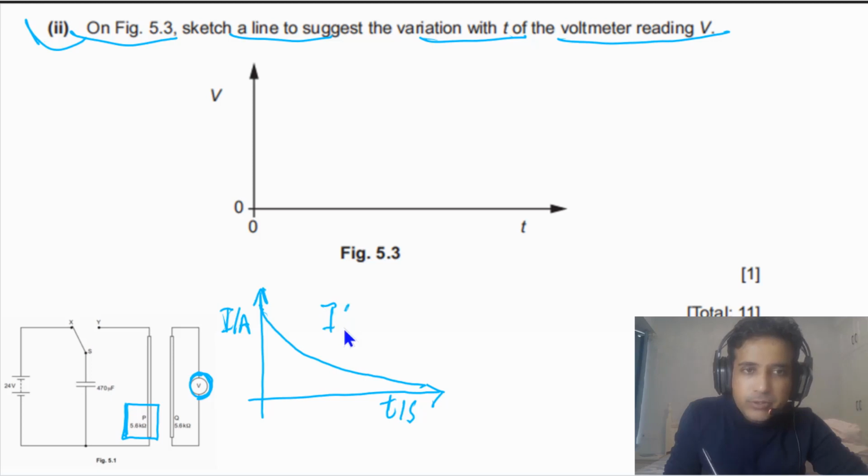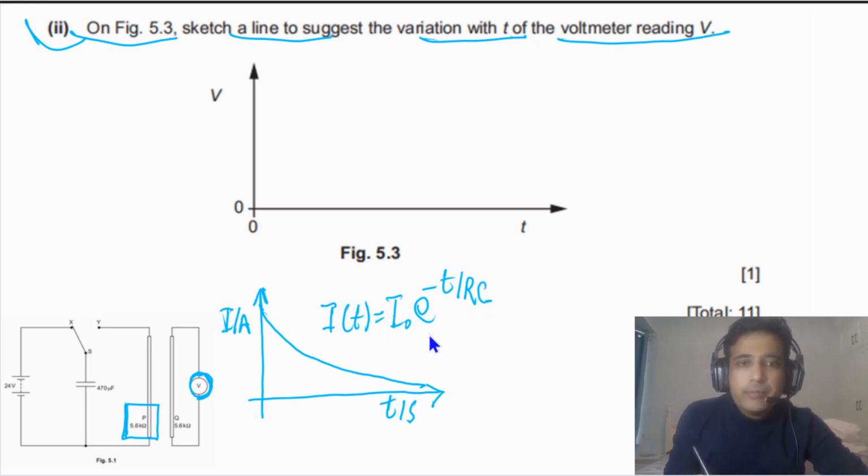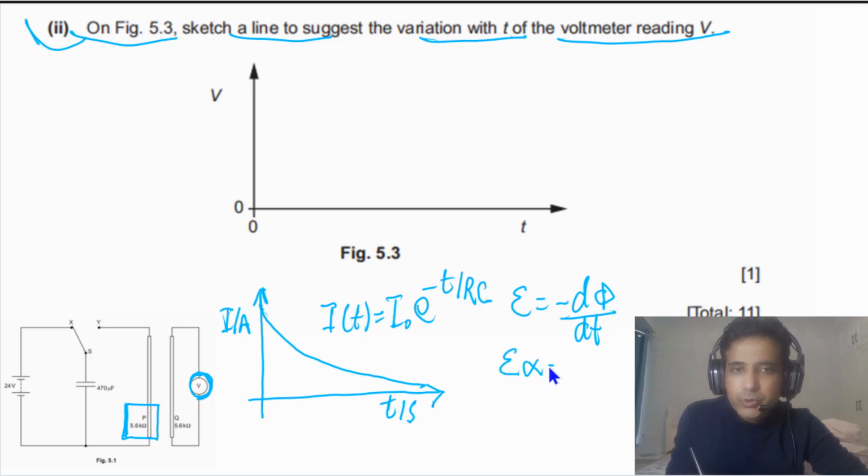So we have current equal to I naught e to the power of minus t over RC. Now we need to understand how EMF is changing. EMF is equal to negative dΦ by dt, and EMF is proportional to negative dB by dt, and the magnetic field around this wire is proportional to current in wire P. So we can also say that EMF is proportional to negative dI by dt.